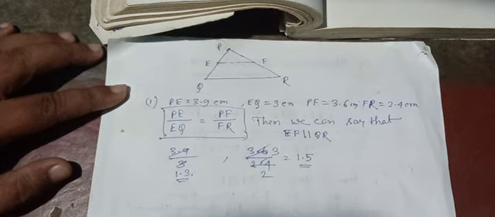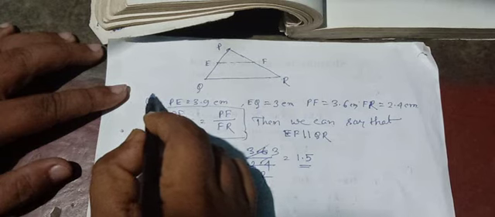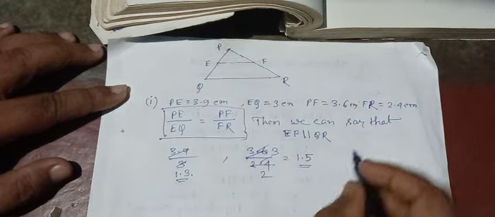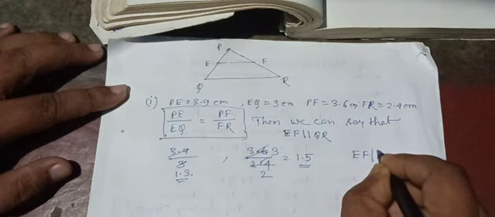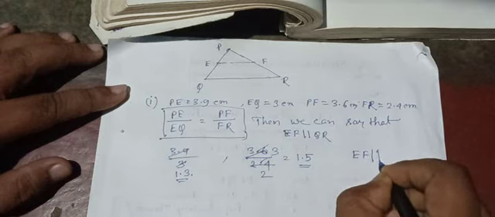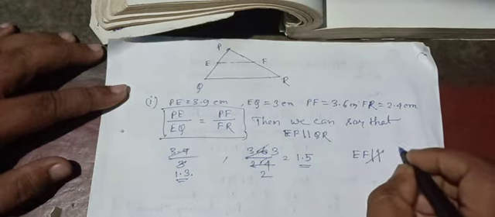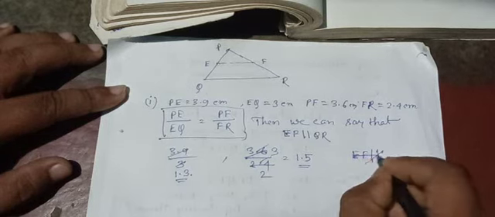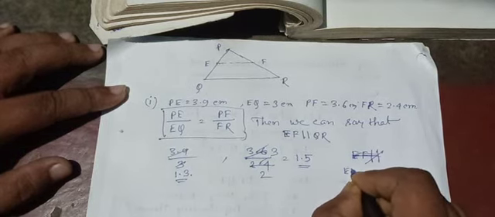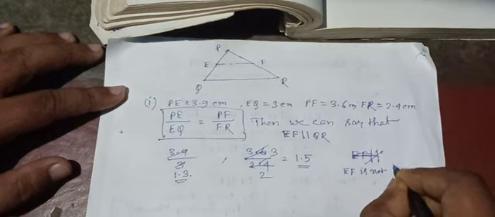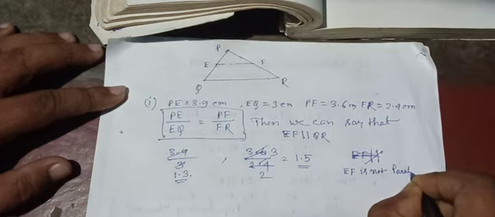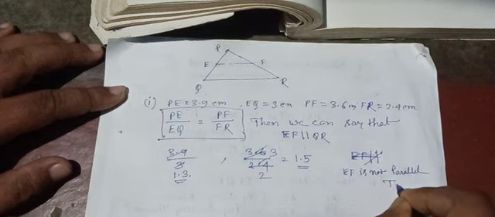So we can say that for case 1, EF is not parallel to QR.